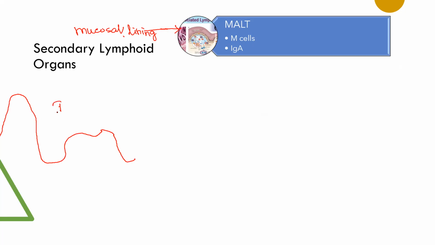Let's assume this is our intestinal lumen. And this intestinal lumen is lined by our epithelial cells.